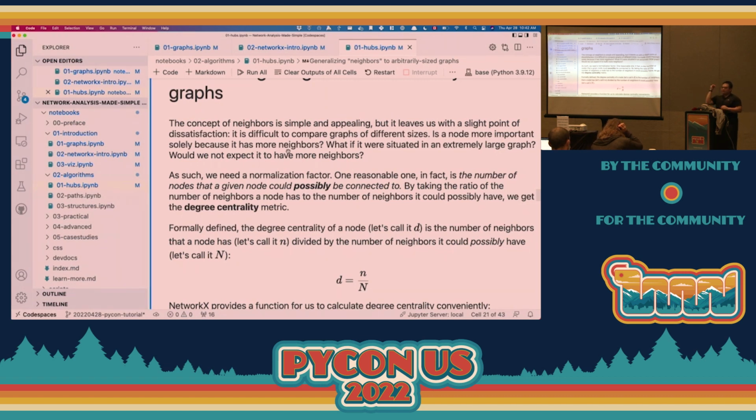And the definition of that number of neighbors that a node could possibly have is dependent on whether you have self loops allowed or not. In the NetworkX API, if I remember correctly, self loops are not by default allowed, or not by default considered, right? So your denominator is always the number of nodes in the graph minus 1.